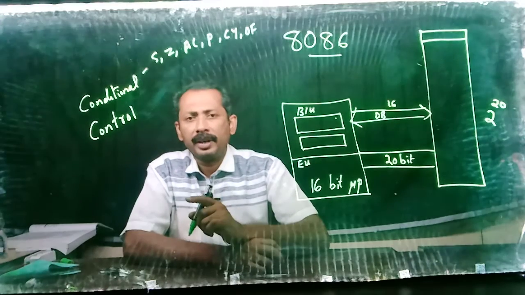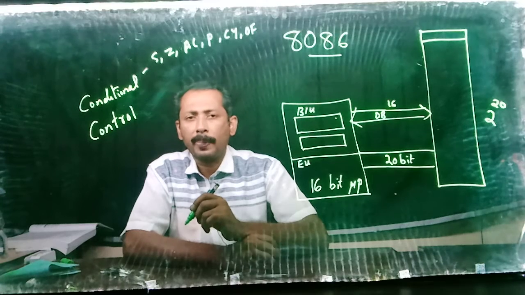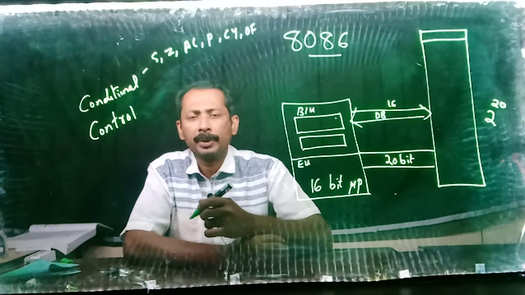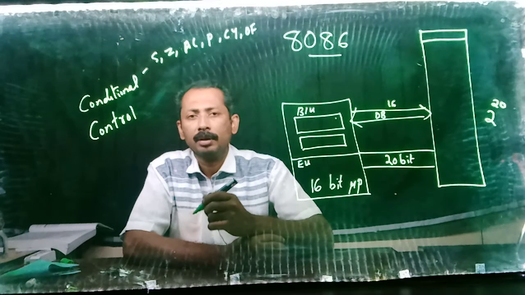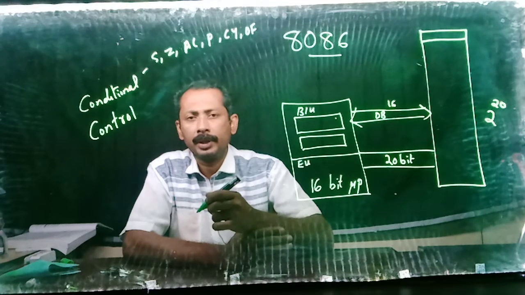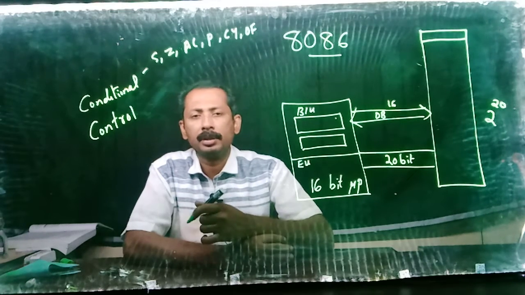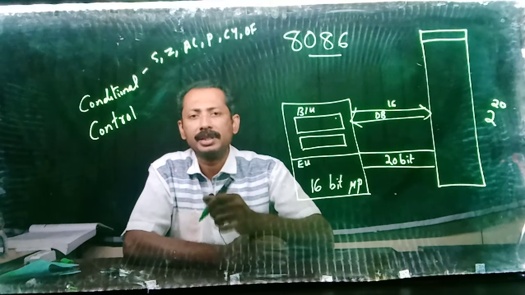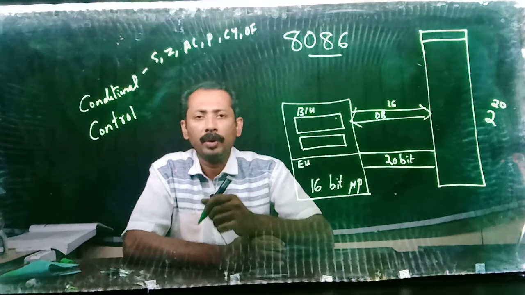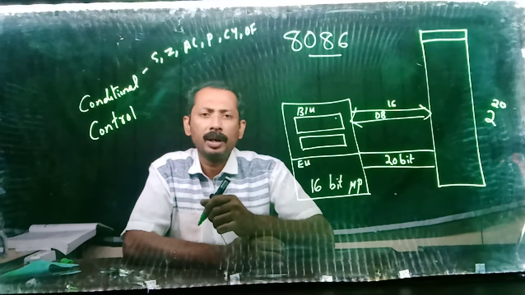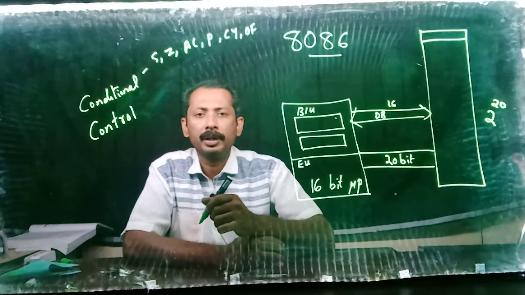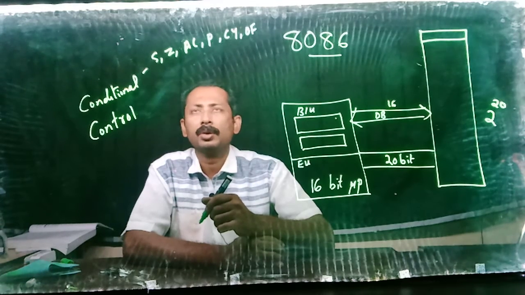Zero flag is a flag which becomes 1 when the answer of the last operation is 0. If the answer obtained in the last operation is 0, the zero flag becomes set, or 1.